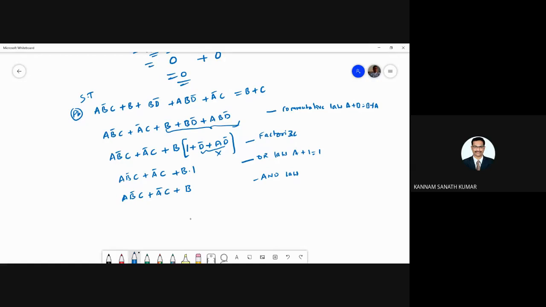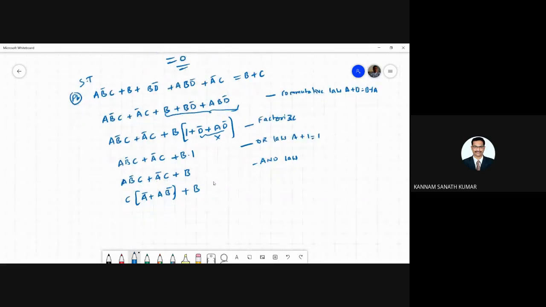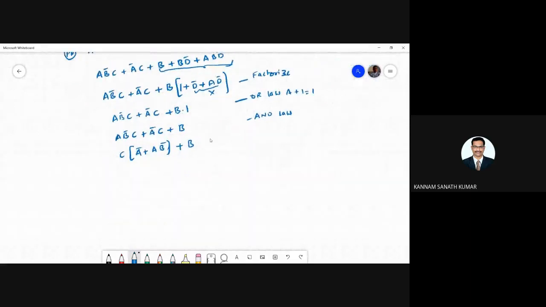From these two terms, you can take C common. A bar plus AB bar, plus B. A bar plus AB bar plus C. So this one, C into, you can apply the distributive law.